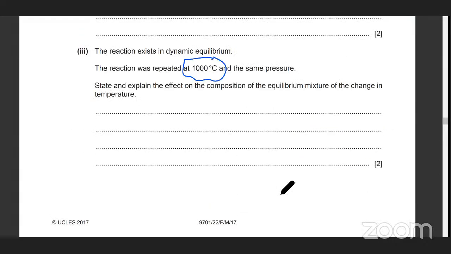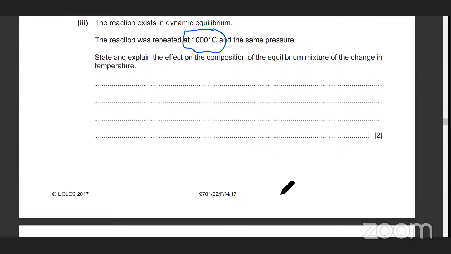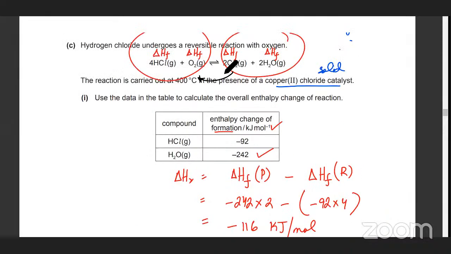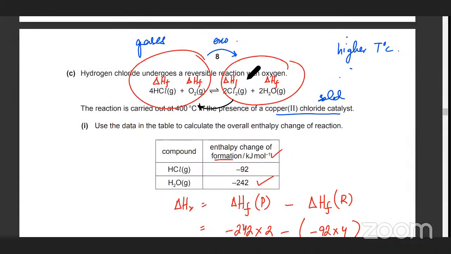So that's what you're going to write: higher temperature favors the endothermic, which in this case is the backward reaction, and the equilibrium position shifts to the left. And how would the composition change? You're going to write that there's going to be more HCl and more O2, and less Cl2 and less H2O.